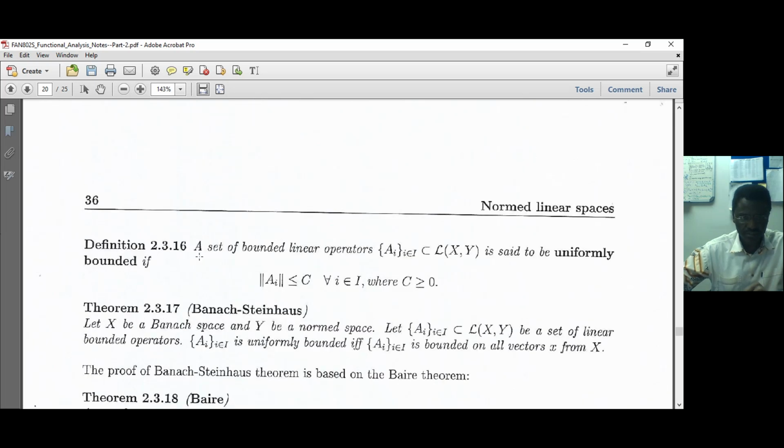Now the second definition. Now we are not talking about the family being bounded at a vector, but we are talking of the family being uniformly bounded.